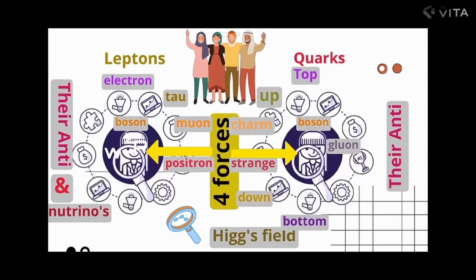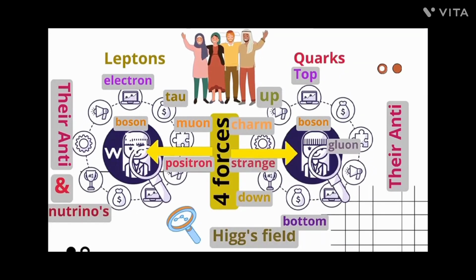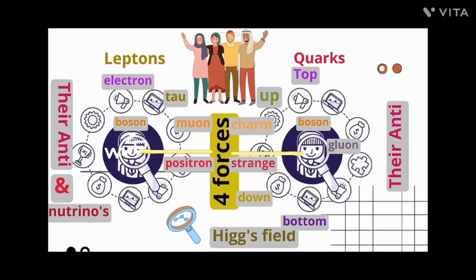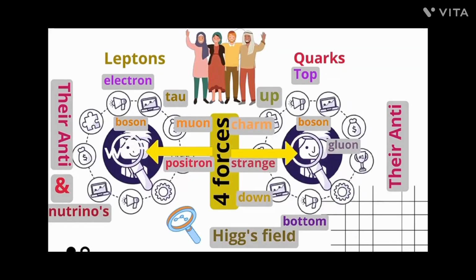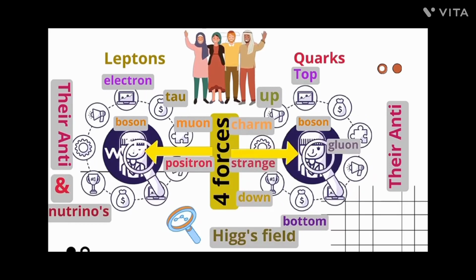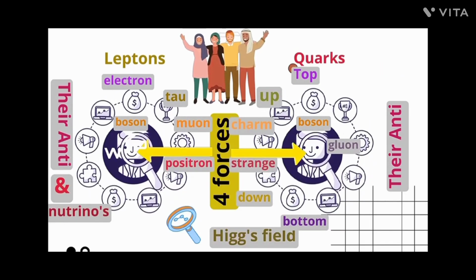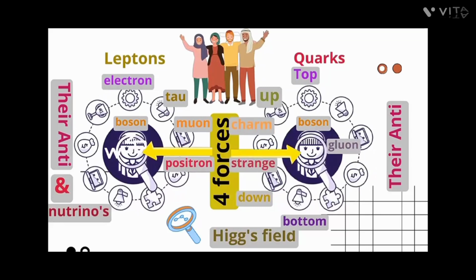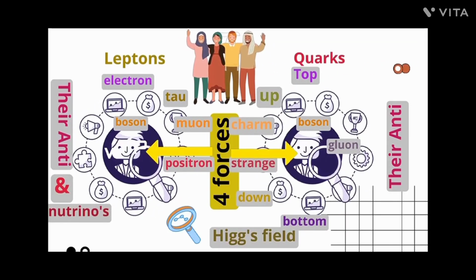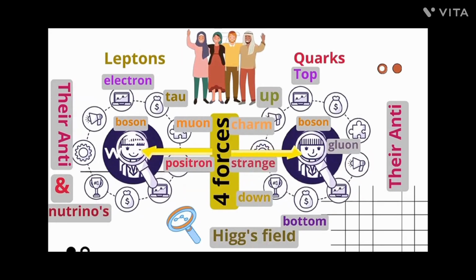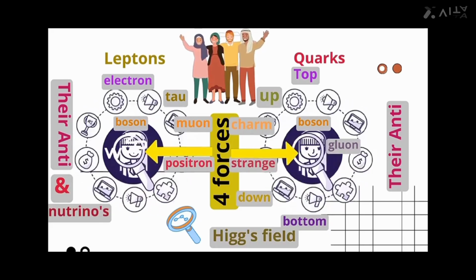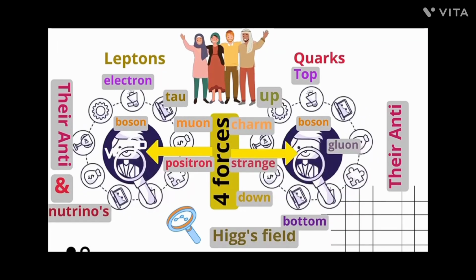It is a matter field, a very subtle matter field, an energy matter field which permeates the whole cosmos through and through, everywhere. And the same Higgs field gives mass to different types of particles as the particles move through the Higgs field.